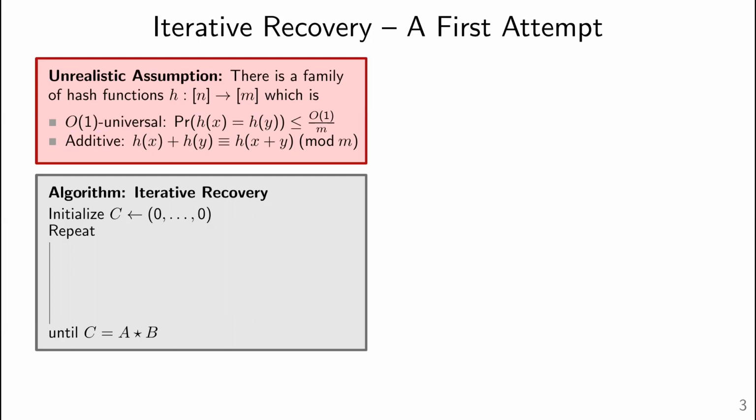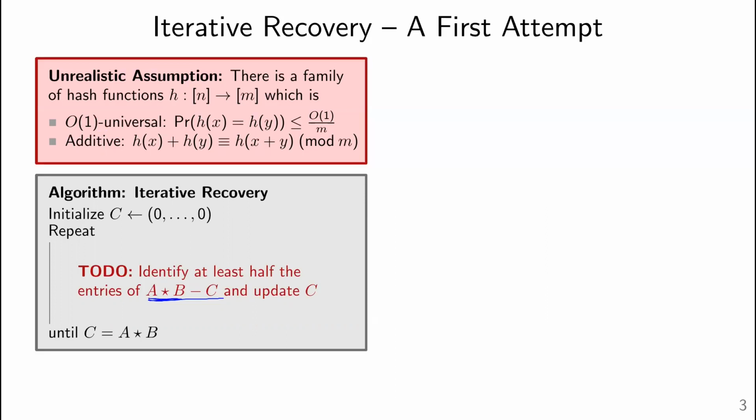Okay, and what we repeat is this. We're going to identify at least half of the entries of this target vector a star b minus c, and whatever we have recovered will be updated in the vector which we maintain, in c. Okay, in that way, c gets a better and better approximation of a star b until eventually c is exactly equal to a star b.